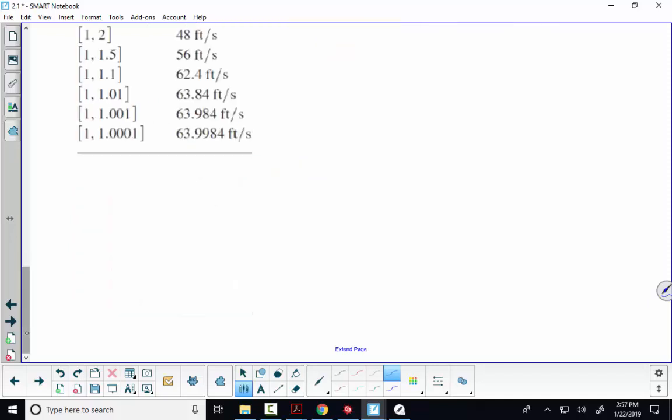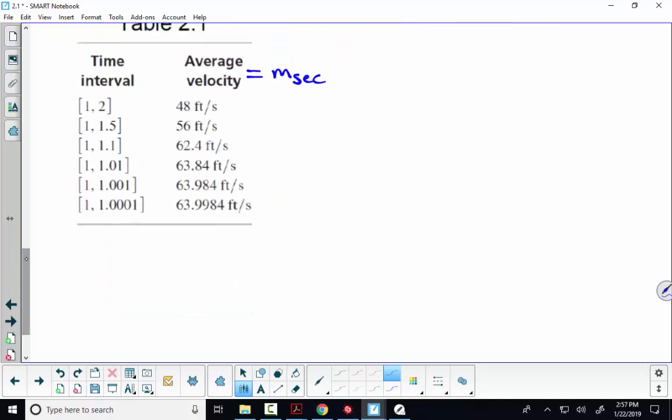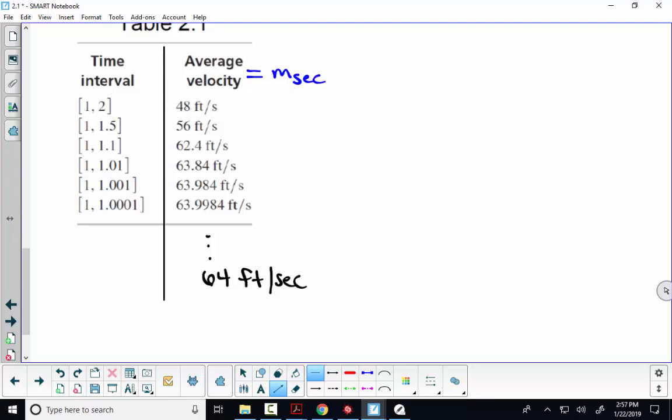What does it look like this would continue on to? It looks like our average velocity is getting closer to a particular value, 64 feet per second, as the time interval gets smaller and smaller.